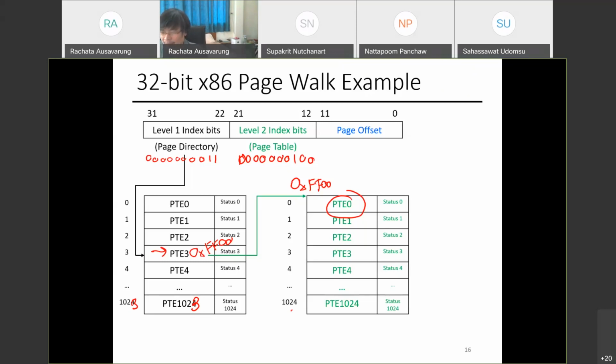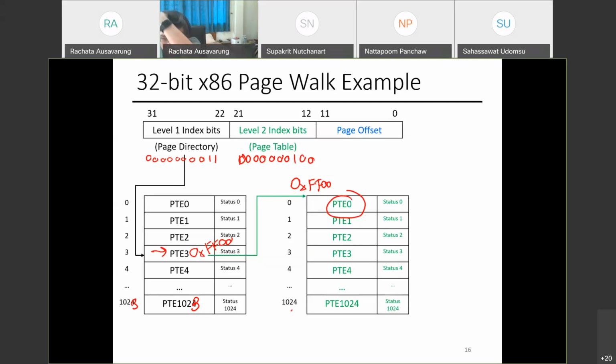Nope, 0B. So what is the address of PTE4? I think it's 0xFF10. You need to add 16, not 15.